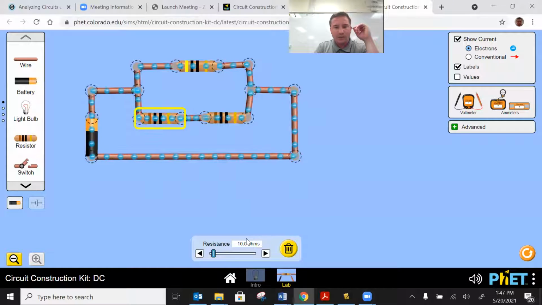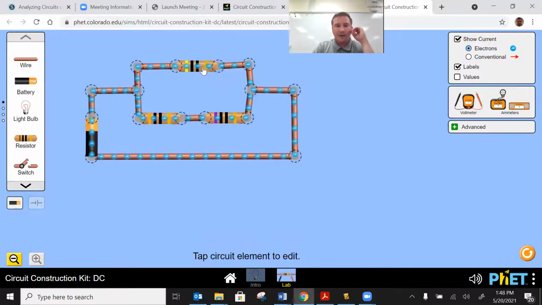40. This one was going to be 30, I think. Oh, 29. And this one should be 70. Too high.